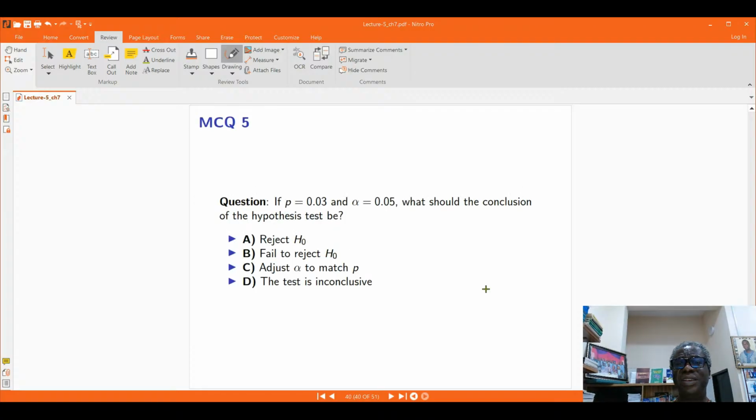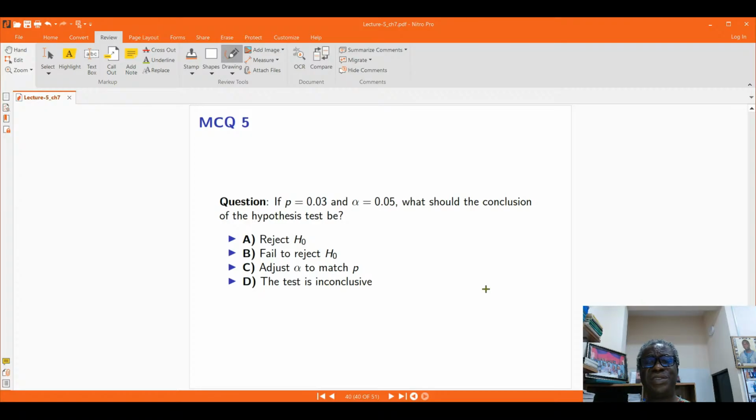And you have a question here that, for instance, your P value is 0.03, and your alpha is 0.05. What should the conclusion of the hypothesis be? We know the decision rule.